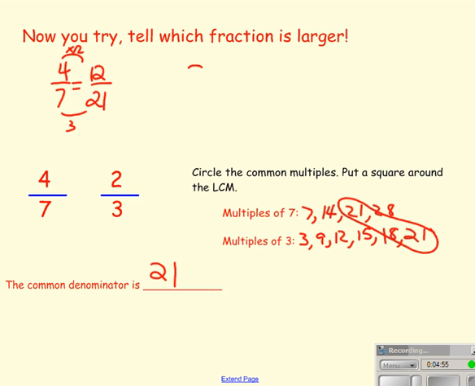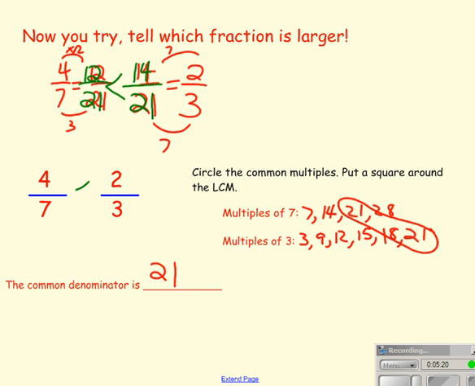Over here, my 2/3, I want to have it equal something over 21. 3 to 21 is 7. 2 times 7 is 14. So I am now comparing my equivalent fractions of 12/21 and 14/21, and I can clearly see that 14/21 is larger than 12/21, which means 2/3 is larger than 4/7.